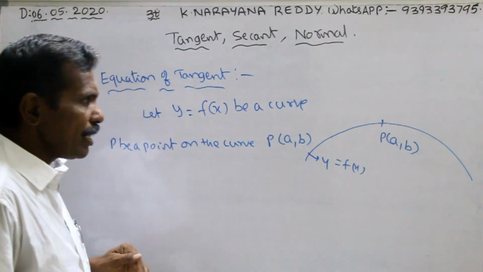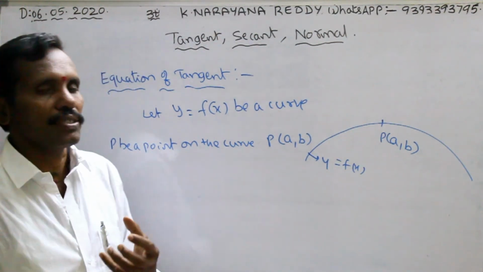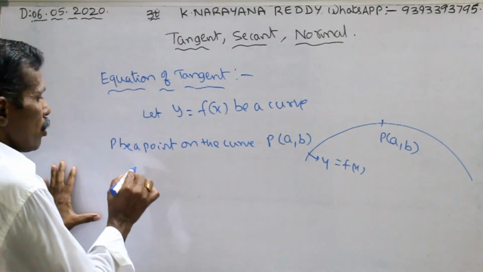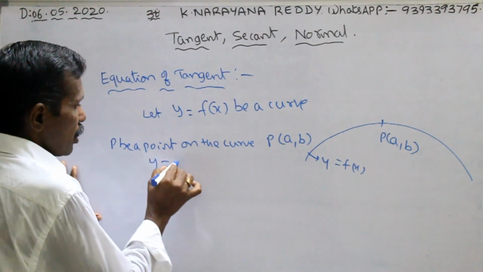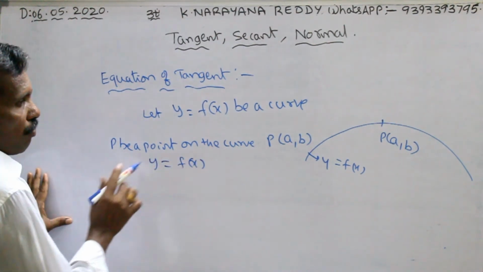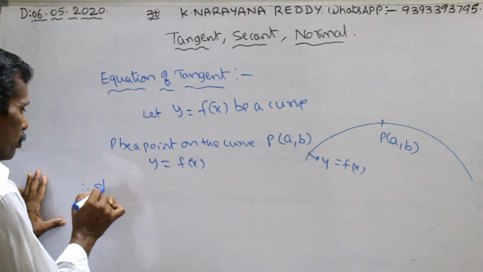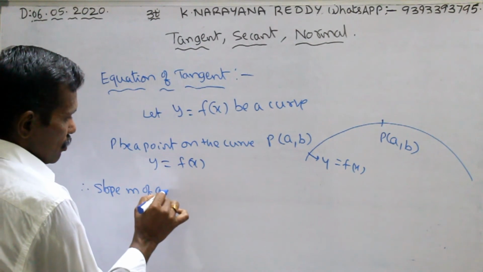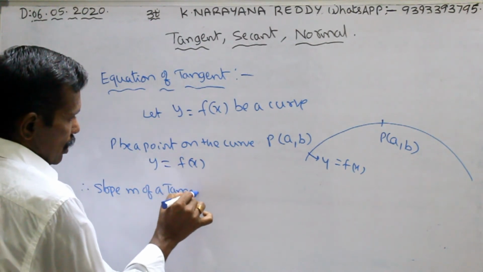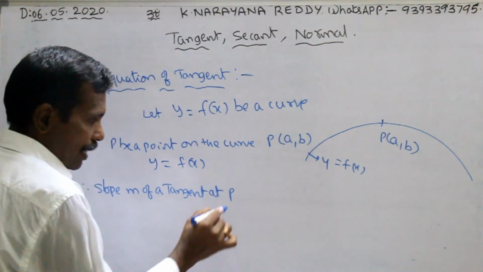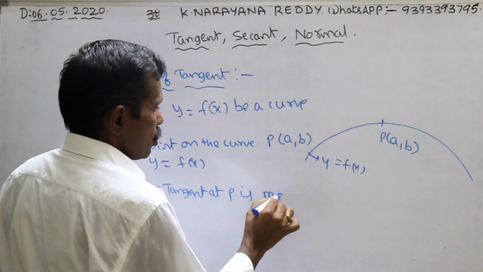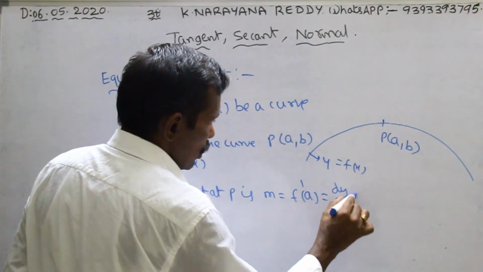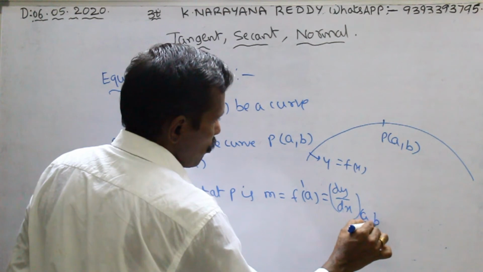Now, what is the tangent equation? What is the equation of tangent? How to find it? For example, y equals f of x. Therefore, the slope m of the tangent at point P is m equals f dash a equals dy by dx at (a, b).